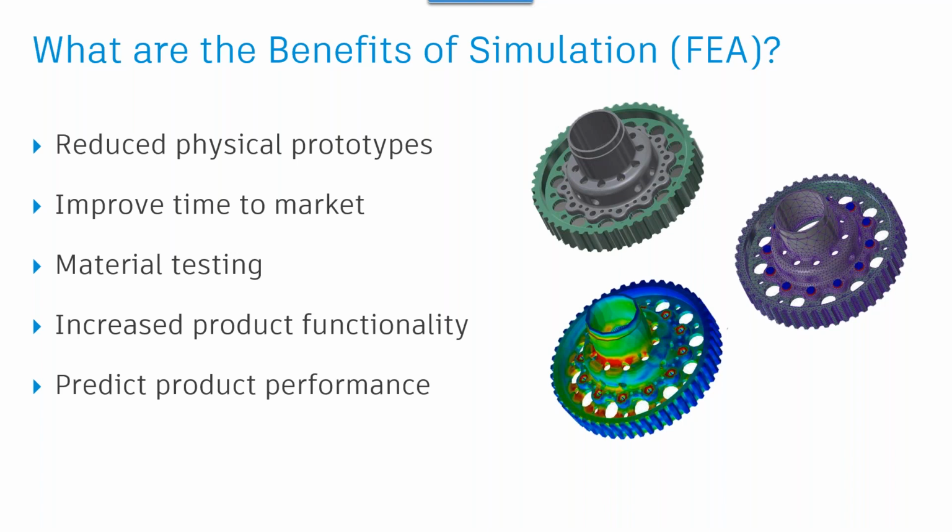So that helps reduce the cost of physical prototypes. You can do those simulations virtually and then understand how the part or product would behave. That also helps you improve your time to market because you don't have to go through the process of creating physical prototypes. You can do these things virtually and understand how your part is going to behave.